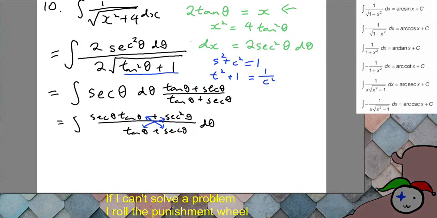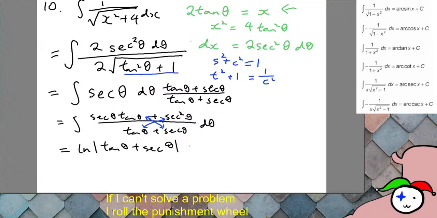So therefore, similar to the previous natural log, you can let this be the natural log, I guess, of tangent theta plus secant of theta. That is probably one of the harder ones I've encountered. That is quite complicated. There might be an easier way to solve.